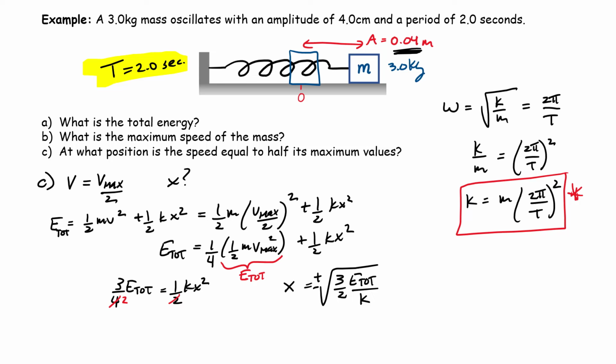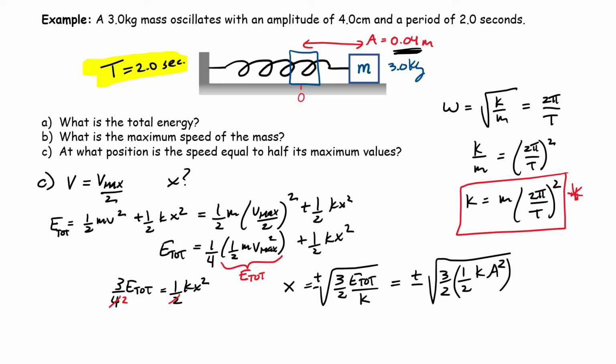Now, what can we do? You could try to eliminate k by using this expression, but that gets kind of messy. What I'm going to do instead is substitute my expression for E total from the first problem. In the first problem, I said E total was 1/2 k a squared.